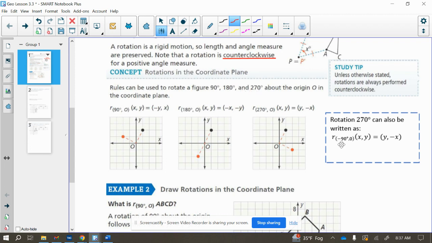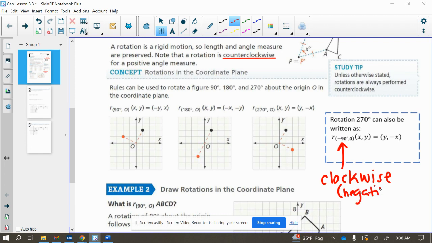Notice that if we change this to be a negative amount of degrees, this is when we would be rotating clockwise. So if you're going clockwise 90 degrees, that's the same thing as going 270 degrees counterclockwise. So we will occasionally talk about that, or if you see the negative 90, that negative just means clockwise.